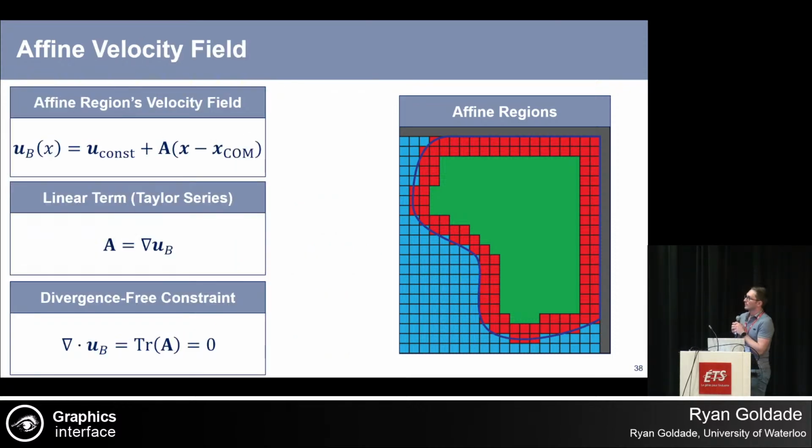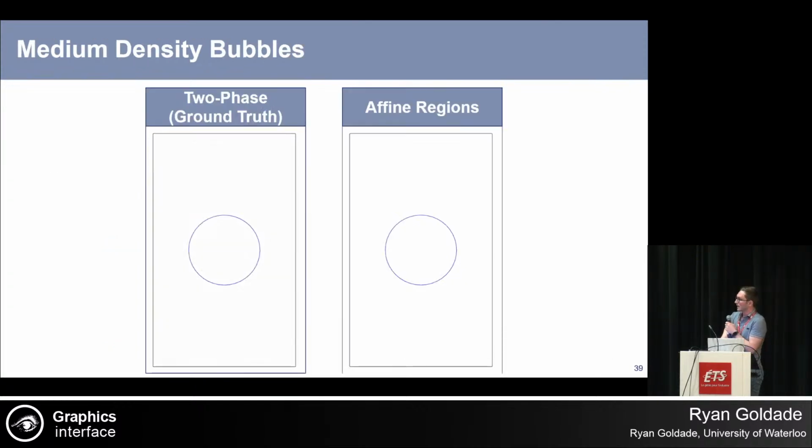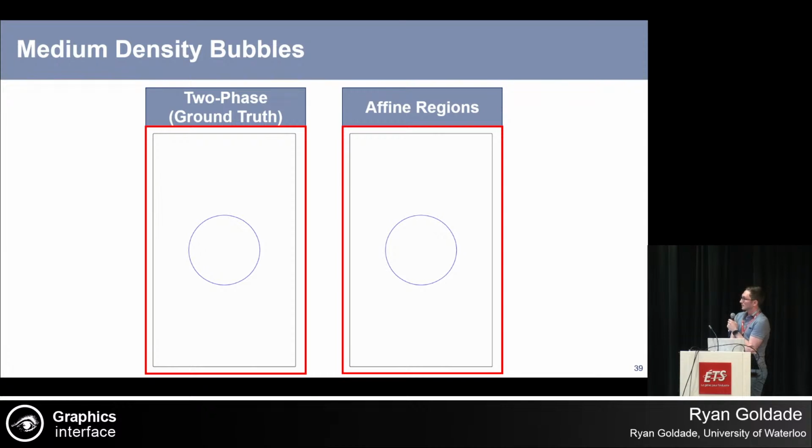So simply, we can model the velocity anywhere inside the green region as u_B, basically with a constant term and a linear term. And then all of our fluids we want to be divergence-free. We can enforce this simply by making the trace of the linear term equal to 0. And then when we do that, we can recover hydrostatic bubbles with matching densities.